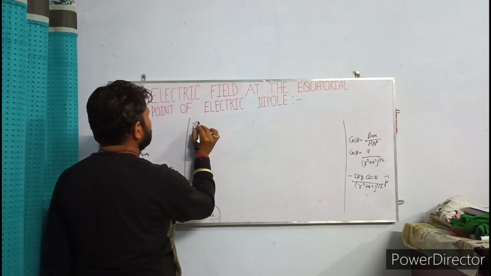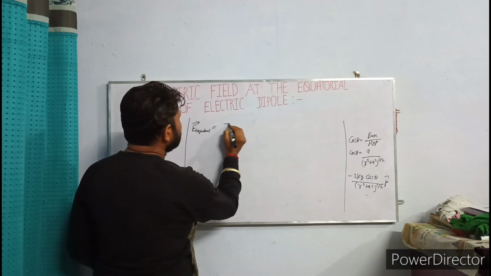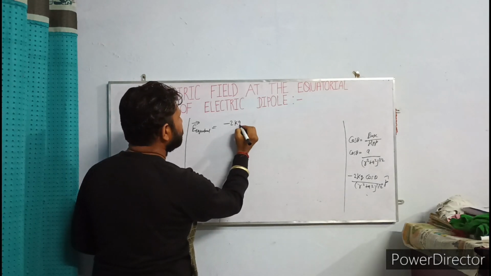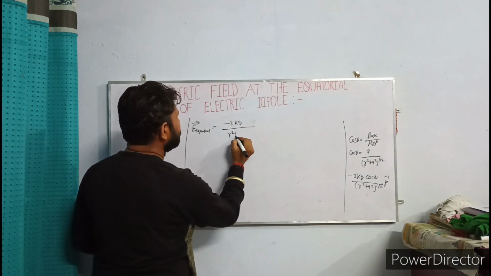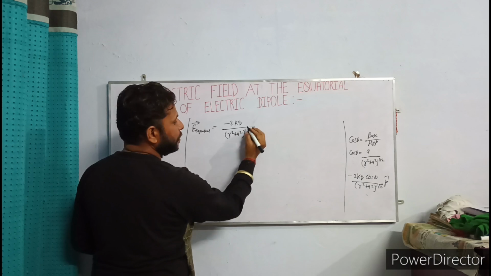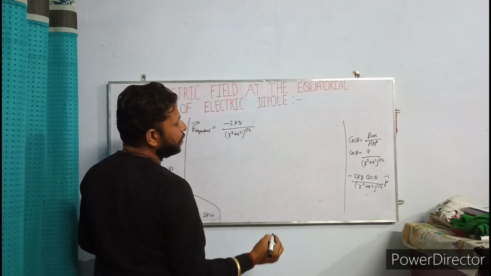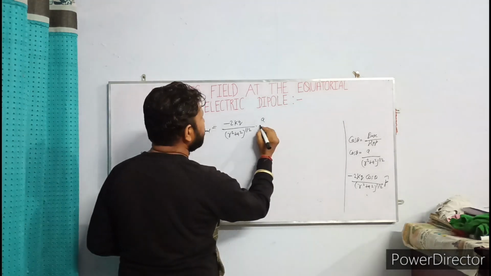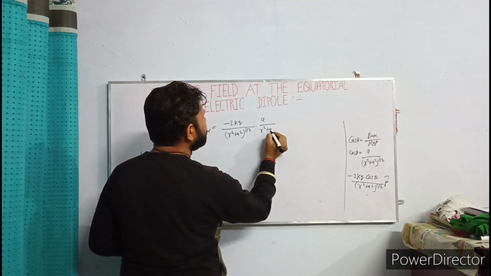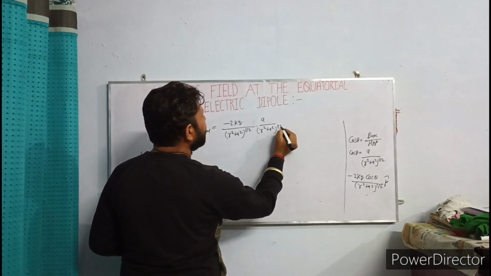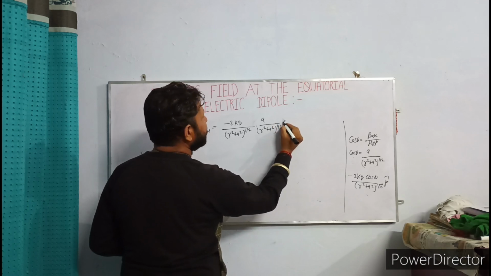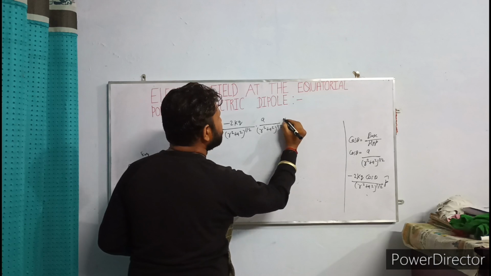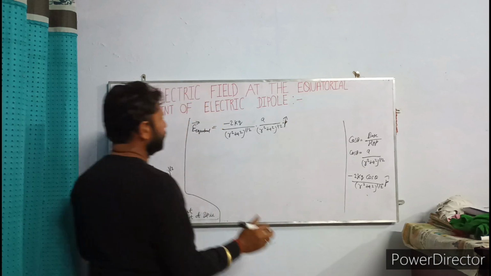E equatorial equals minus 2kq upon (r square plus a square) power 1 by 2. What is the value of cos theta? It means a upon (r square plus a square) power 1 by 2, and it is a unit vector.